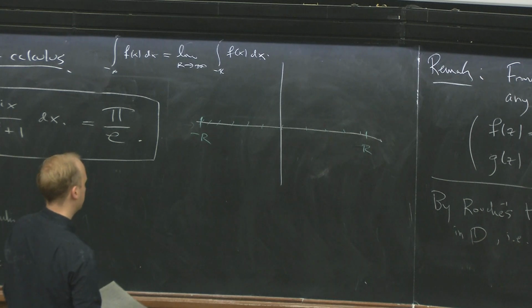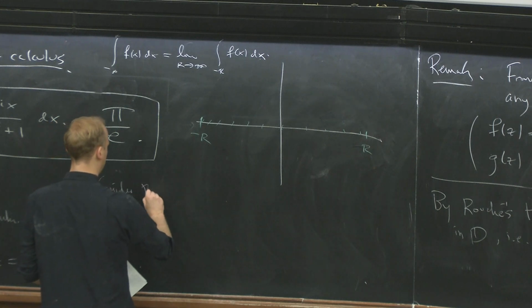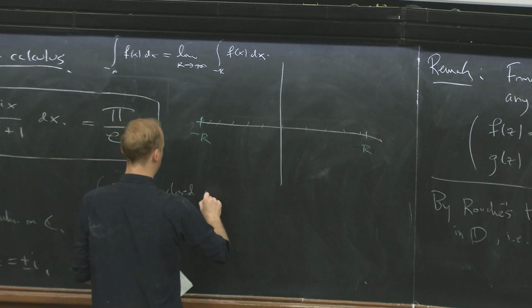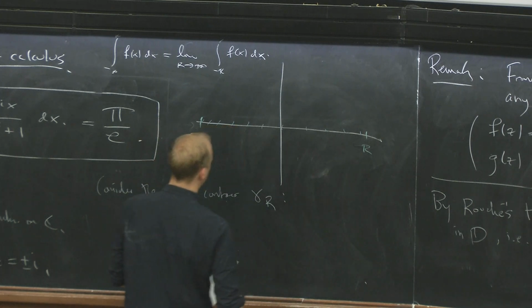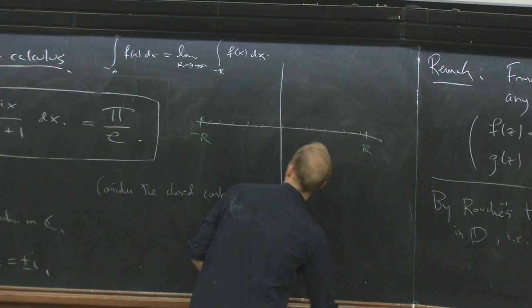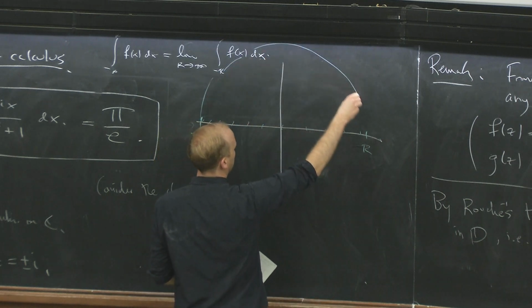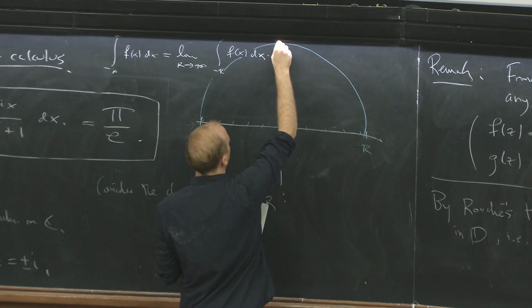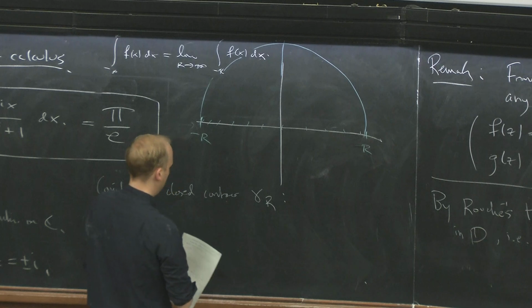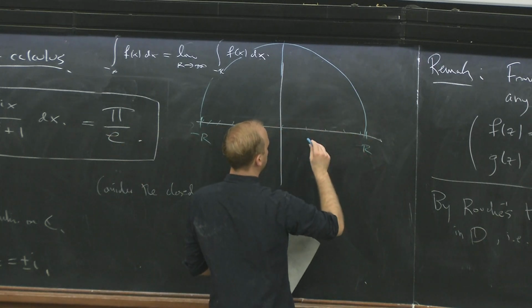And then we consider a suitable closed contour, gamma r, which is this circle here. So this one is ir. Okay, so this one I call gamma r. The whole thing is gamma r.